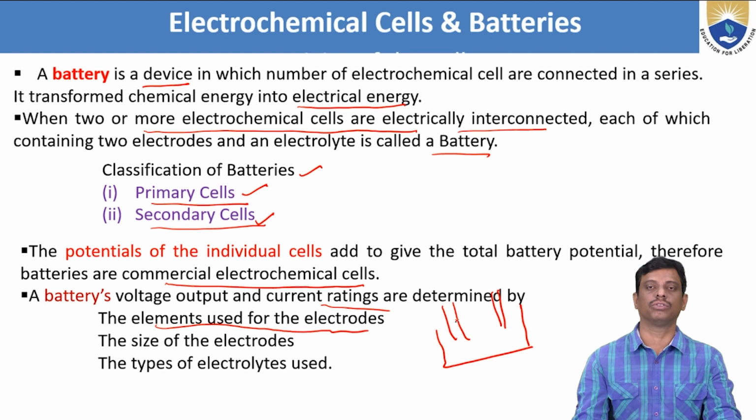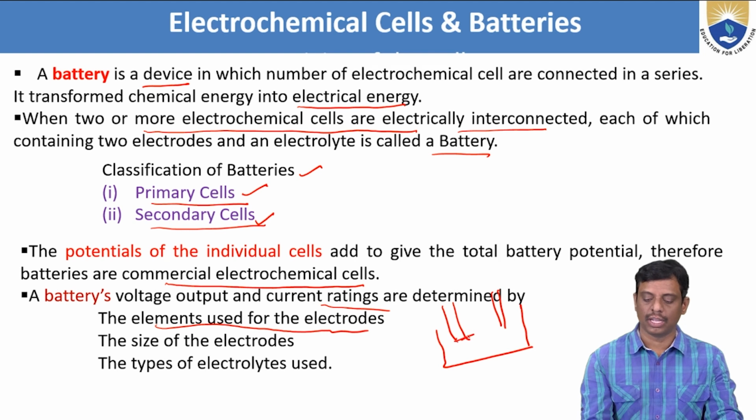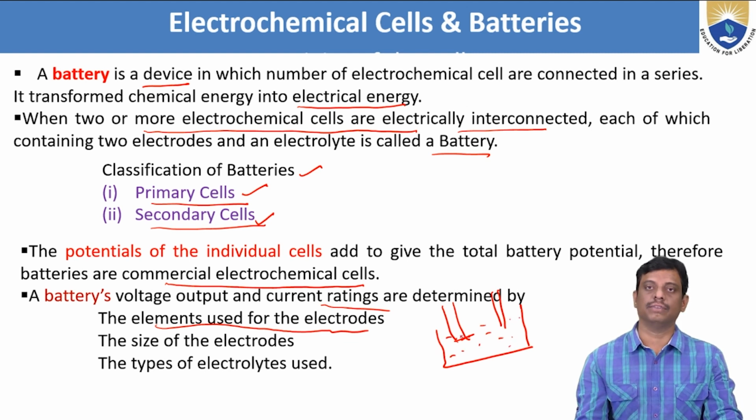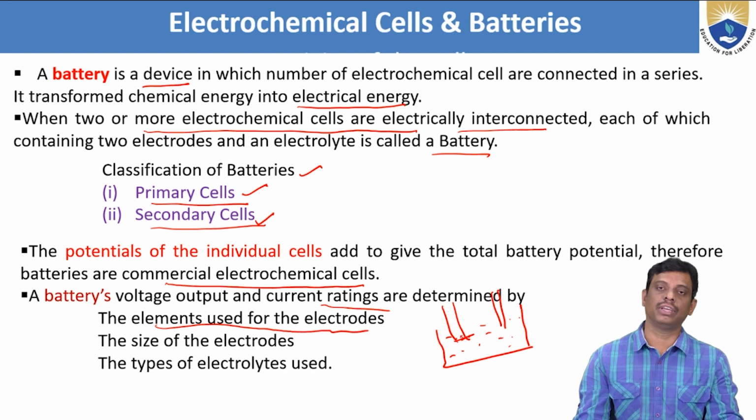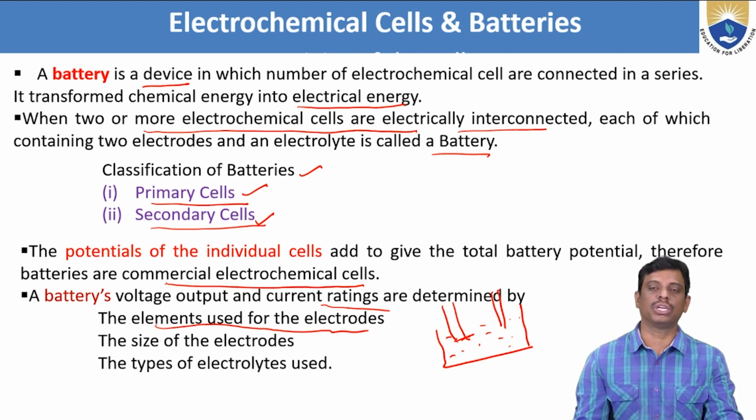The size of the electrode is also one of the important factors in generating the potential. The size of the electrode, the nature of the electrode, and the type of electrolyte, whether it is a strong electrolyte or a weak electrolyte, are also important factors in developing the potential in the battery.